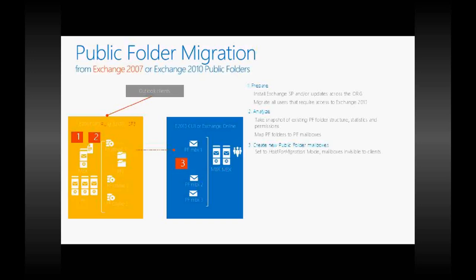When we create these public folders, we want to make sure that we put them to what we call hold for migration. There's an attribute called hold for migration, and we would set that to be $true. Because what that means is that we don't want people to start using these public folders. They're there to do the migration. We don't want users accessing them at this point.